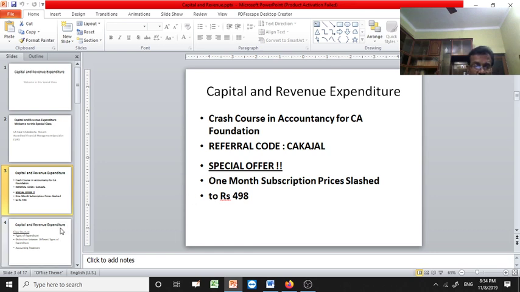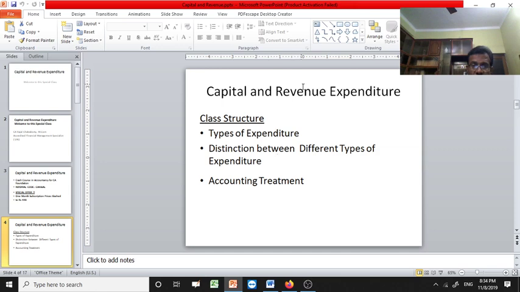Okay, so with that, let us start today's class, which is called Capital and Revenue Expenditure, and this is the class structure. So we are going to study and understand capital and revenue. These are the things which will be covered in this class: one is the types of expenditure, the distinction between different types of expenditure, and the accounting treatment.